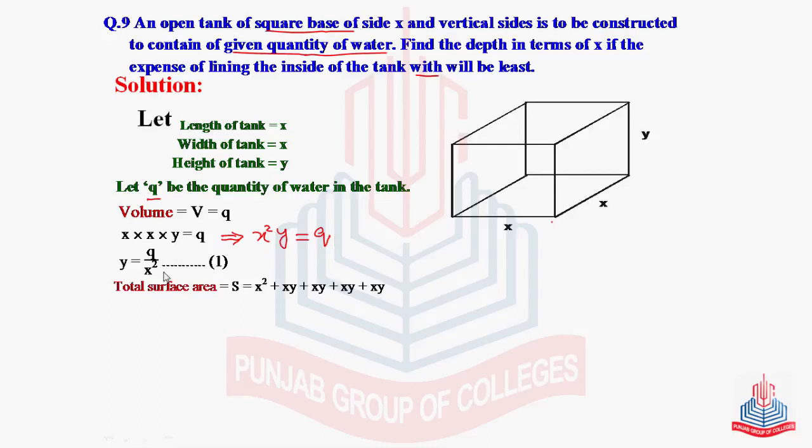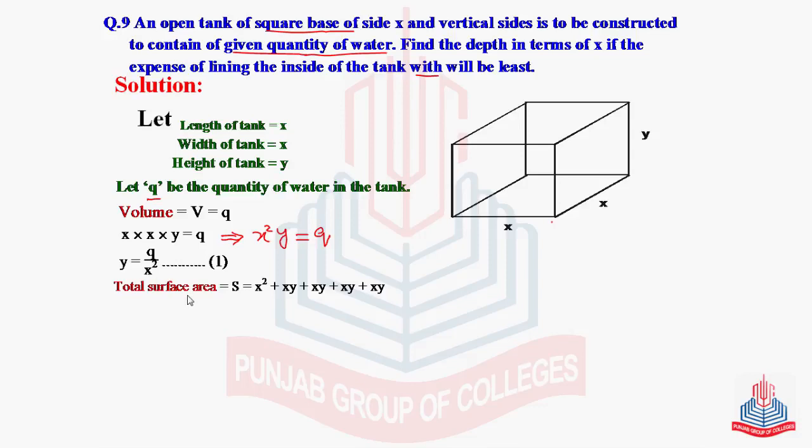Total surface area. Again, as we discussed at the start of this question, we have to make the surface area least, or find the minimum value of this surface area. And the surface area, as we discussed in question number 7, is the area of all sides.